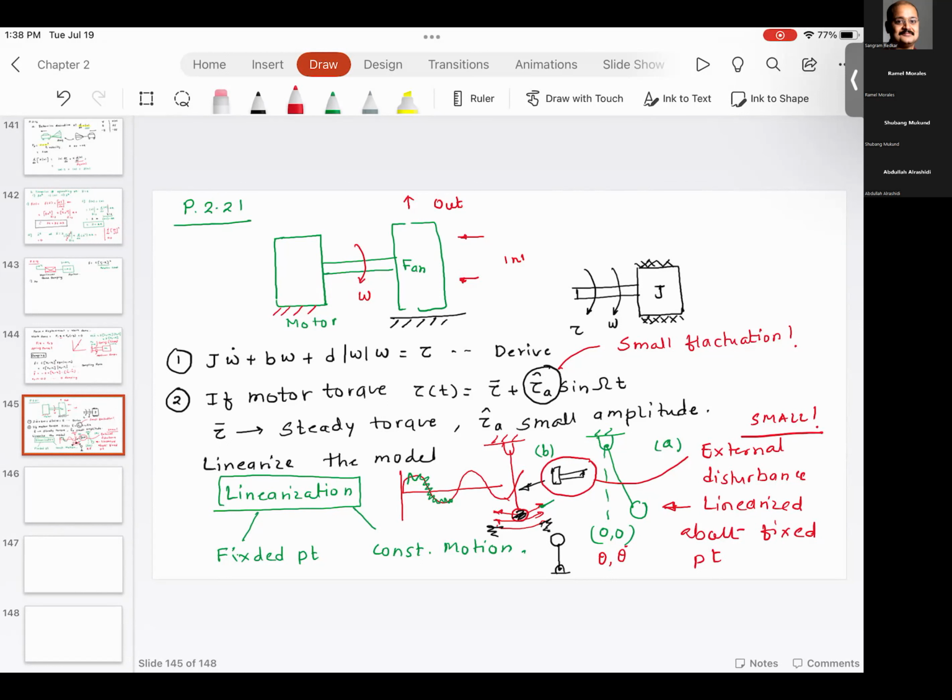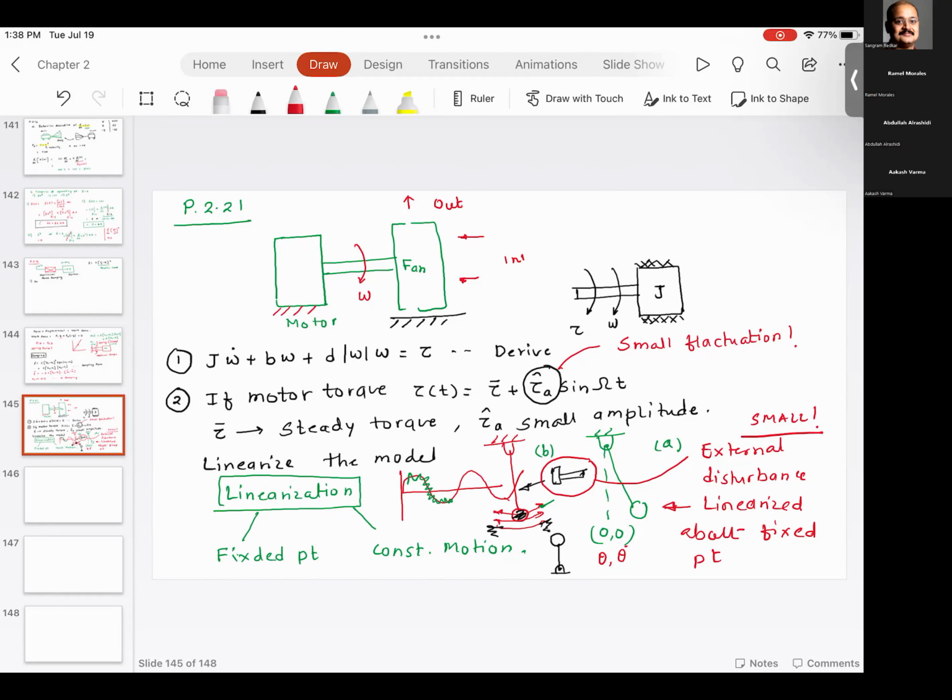So what I'm going to do is start with this simple analysis, and we will try to derive these equations of motion, and then we will perform the linearization. And I would be honest with you, when I studied linearization for the very first time, I really did not appreciate the power of linearization.